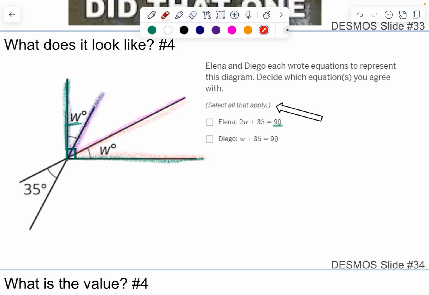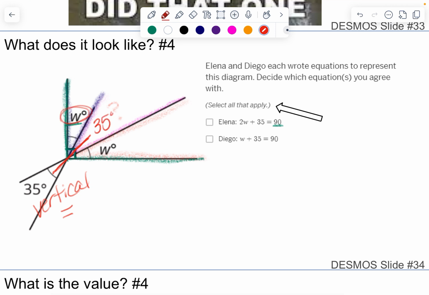All right, so we've got to think about it. We don't know this one, do we? Or do we? Can we figure out this one? We can, because if you look right here, we've got vertical angles. This is vertical, so they're equal to each other. That makes this 35.